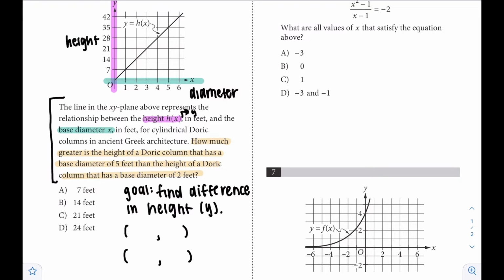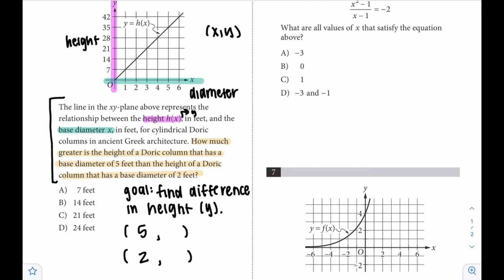So they say that one Doric column has a base diameter of 5 feet, and if 5 is represented by x, and remember that we write x, y coordinates like this, I'm going to write 5, and then for our other column, I'm going to write 2 because it has a base diameter of 2 feet.